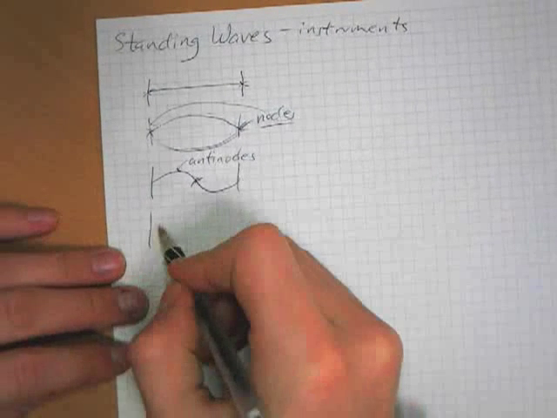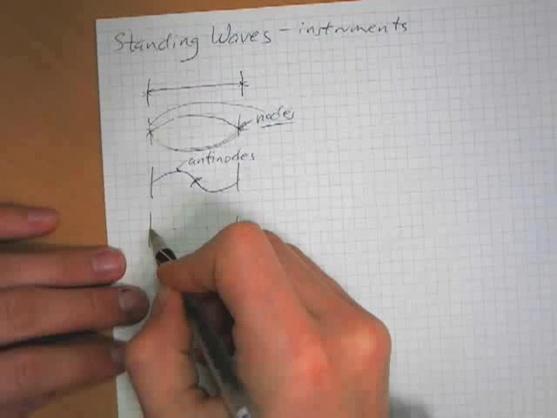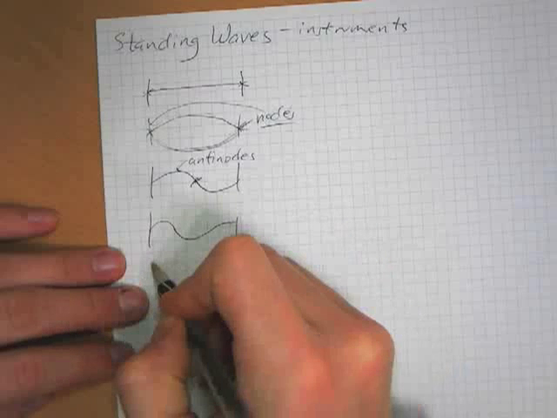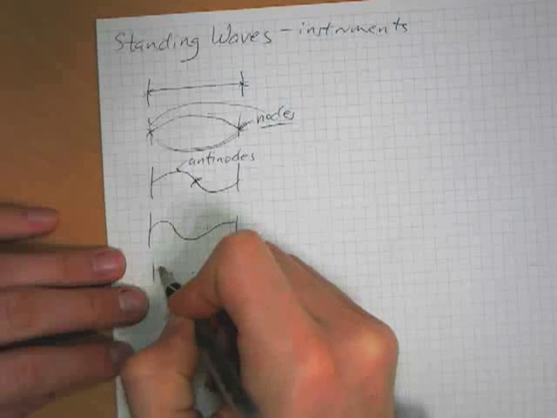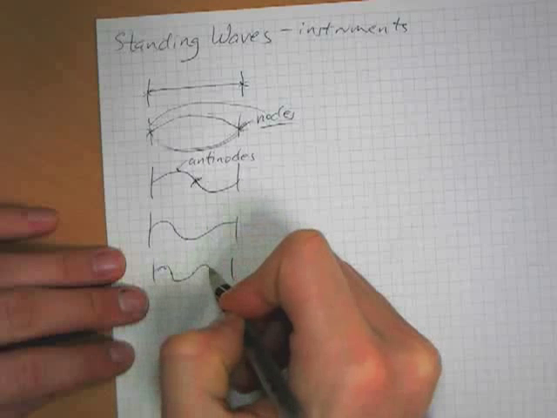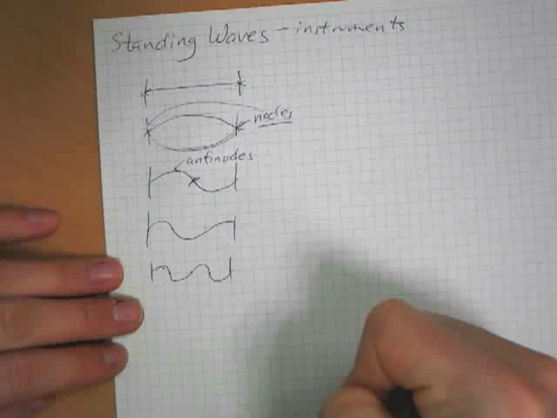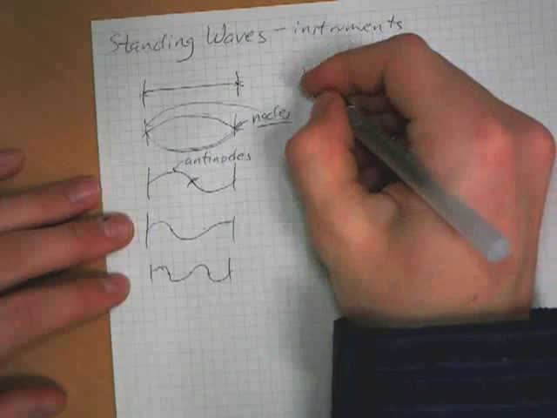And it creates this pattern of nodes, and then these places of maximum displacement are called antinodes. And you can keep going and get a wavelength and a half. I didn't draw that very well. Or two full wavelengths, and so on and so forth. And these are called harmonics.